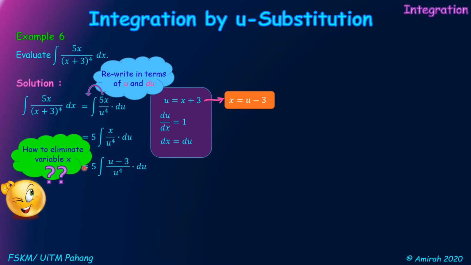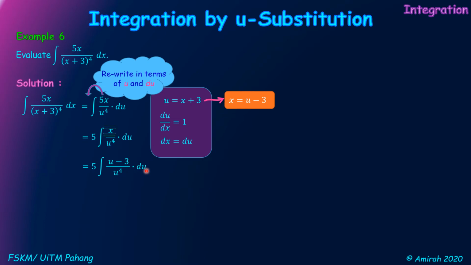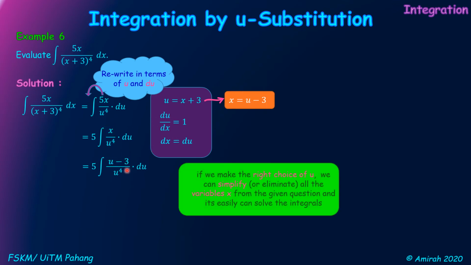At this point, we have everything in terms of the variable u and du. If we make the right choice of u, we can simplify or eliminate all the variable x from the given question and easily solve the integral.